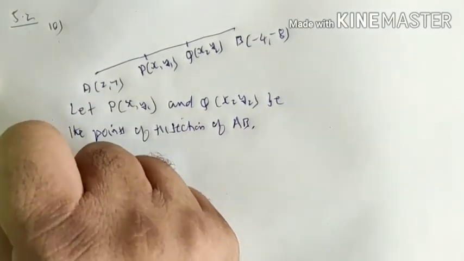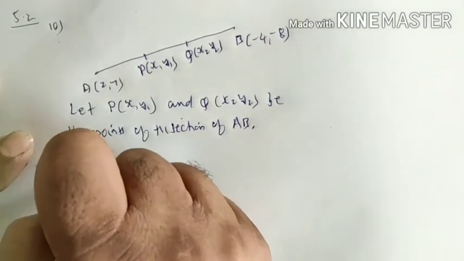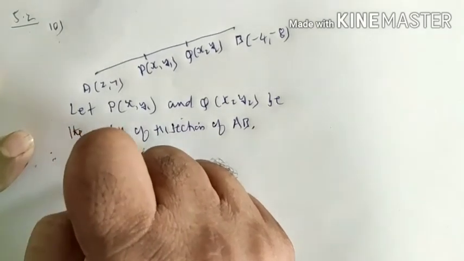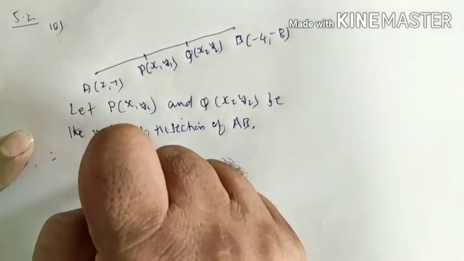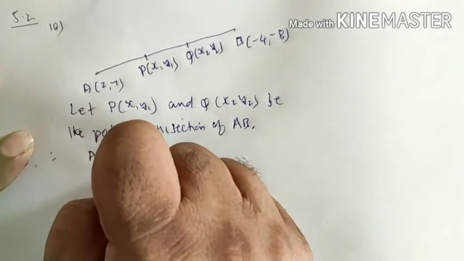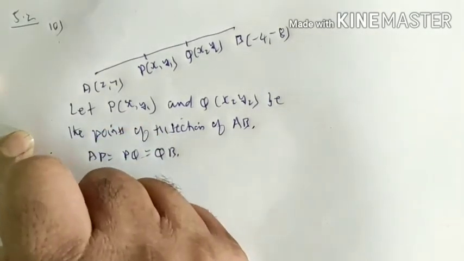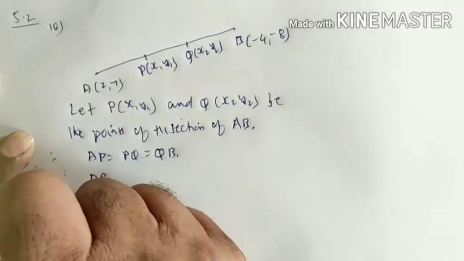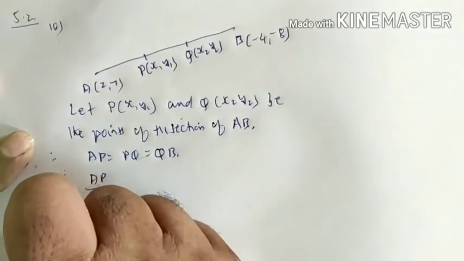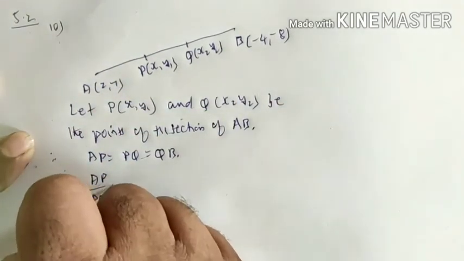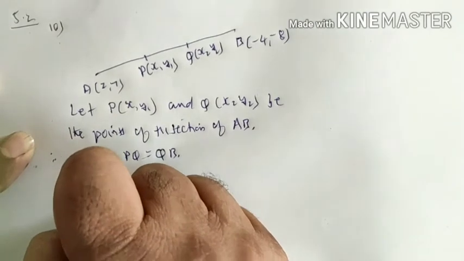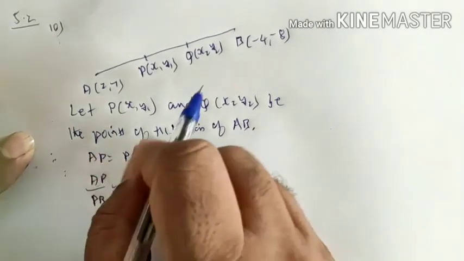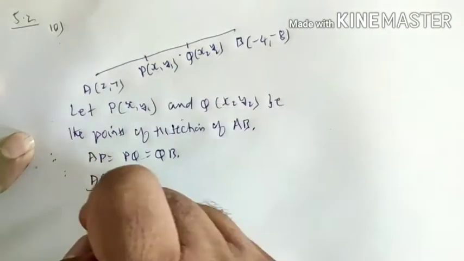Therefore, what we get? We get AP is equal to PQ is equal to QB. Therefore, AP upon PB is equal to AP upon, see, PB can be written as PQ plus QB.